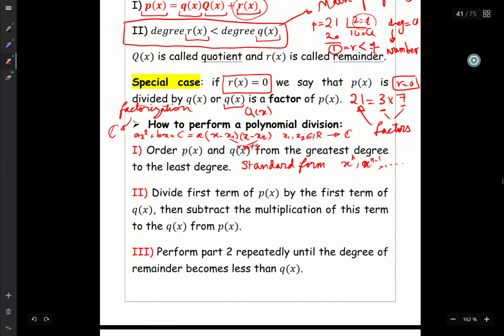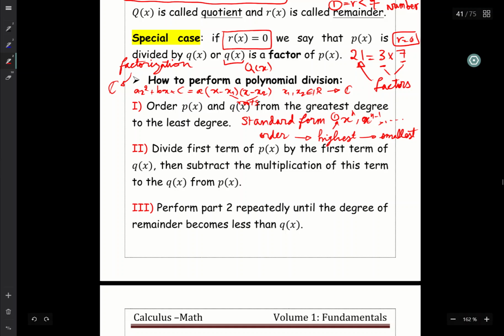But usually the standard form also implies that the leading term has a coefficient of 1. But here I'm going to use that interchangeably. So when I say standard form, I just mean order the polynomial from the highest degree to the lowest. Okay, it's an ordered polynomial in the standard form.